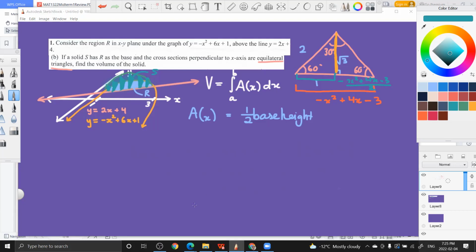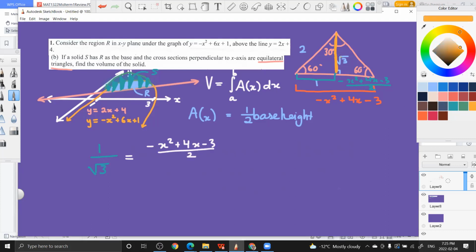Oh, I see one question in the chat. Would the height just be that multiplied by the square root of 3? Yes, that's correct. But I'm gonna show all of my steps so you guys can understand. We're gonna take this side, which is 1. The ratio is 1 over the square root of 3. And that is equal to this one, minus 3 divided by 2.